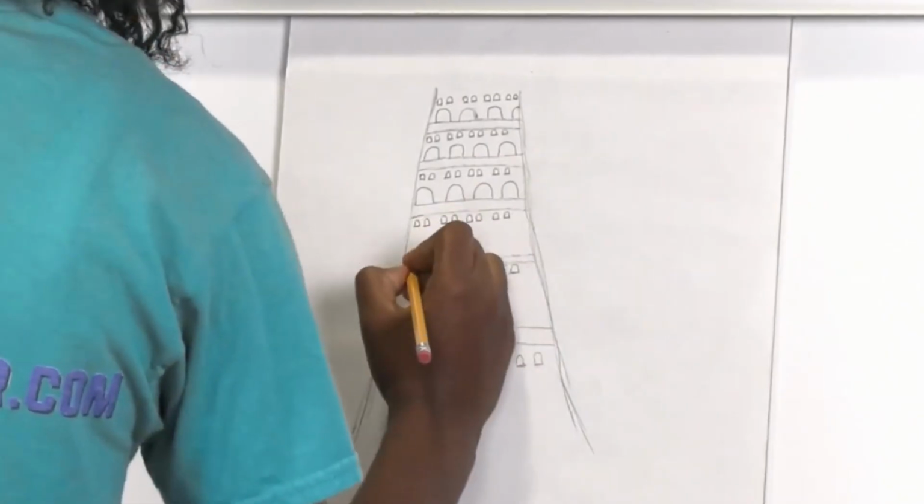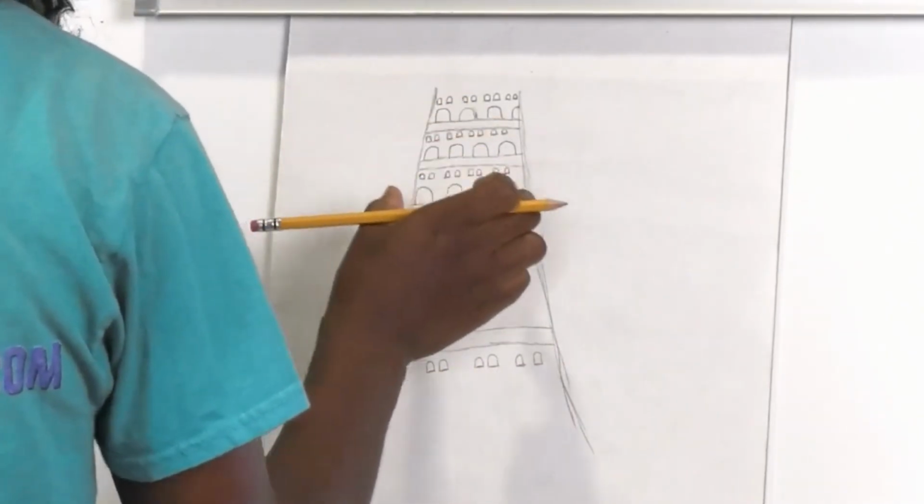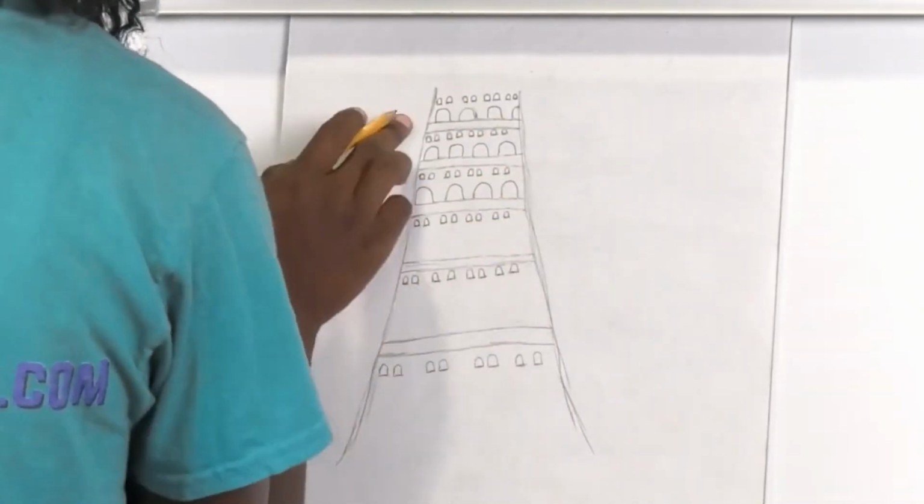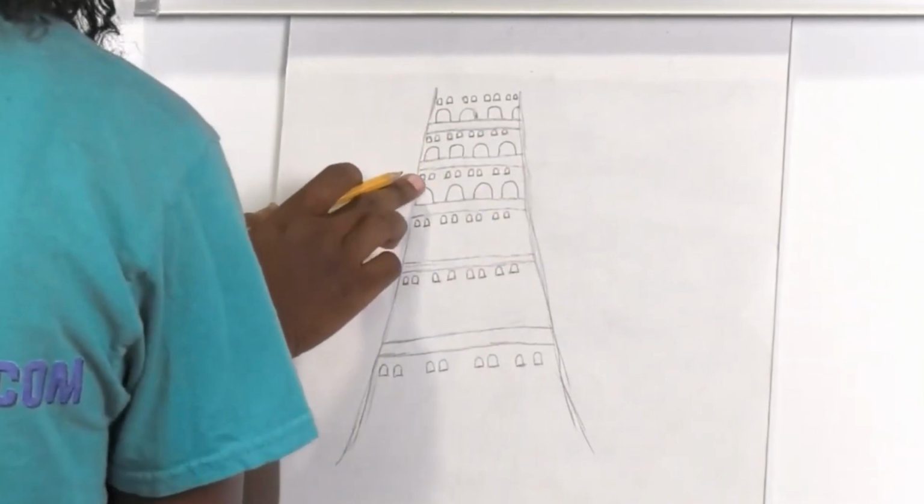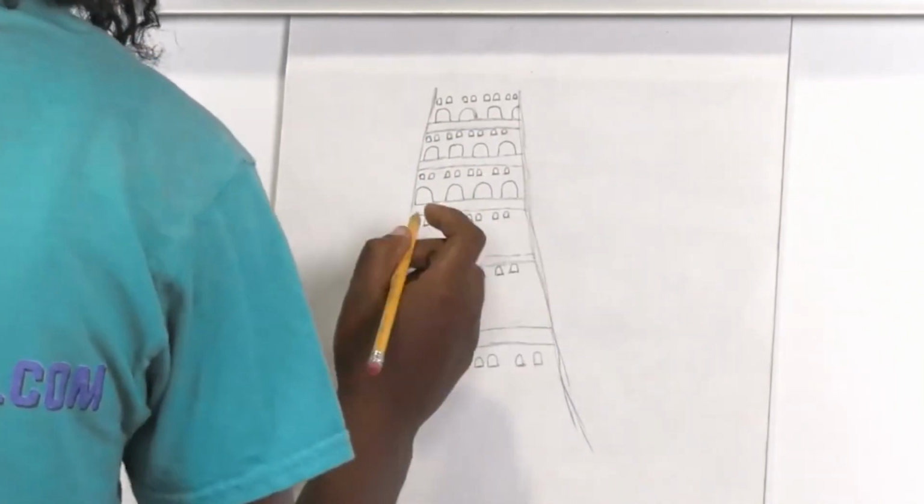All right. Next one, and the windows are going to get bigger and bigger as we go along. So they're not going to all be this size. So they're getting a little bigger as we go to match the space.